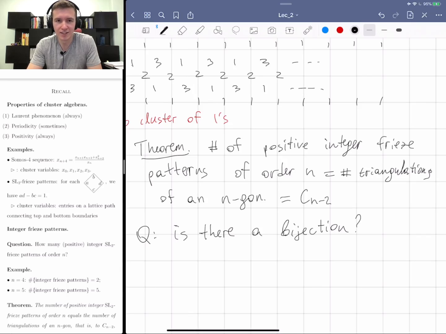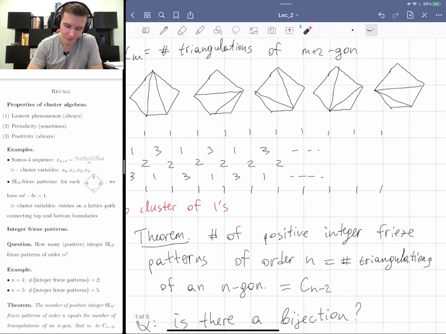Do you have any idea how to go from something like this to something like this? That's actually a pretty good, an almost correct guess.